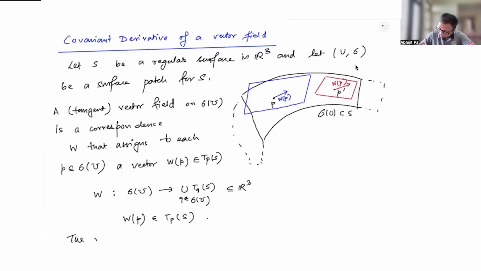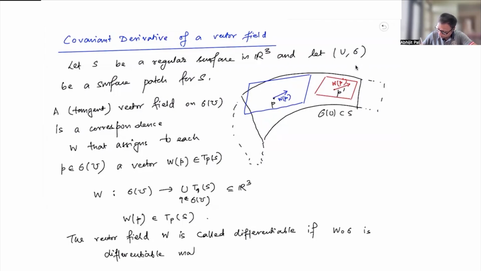So the vector field W is called differentiable if W composed with sigma is a differentiable map from U to R3.